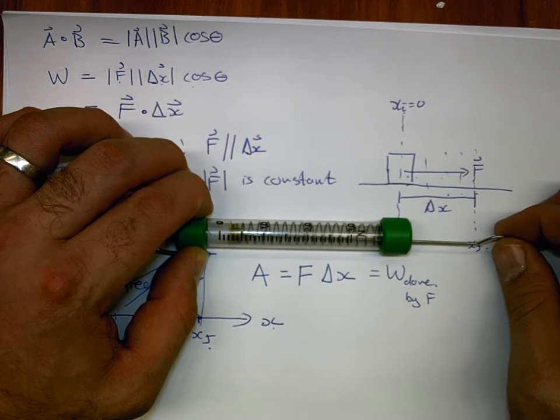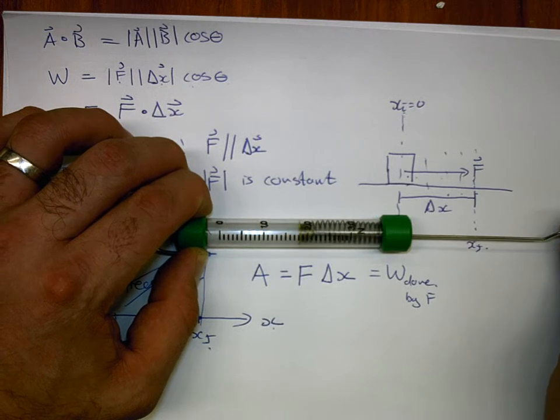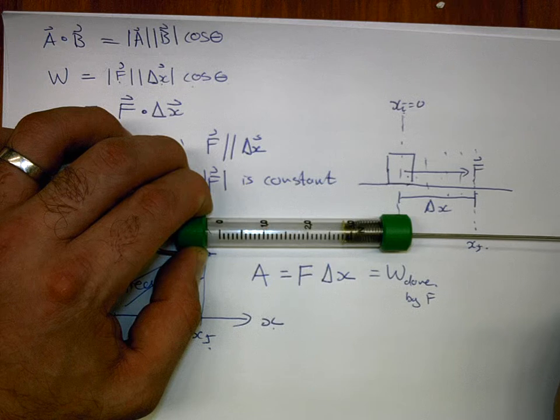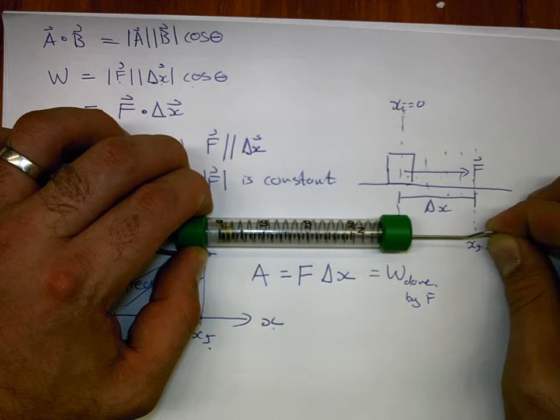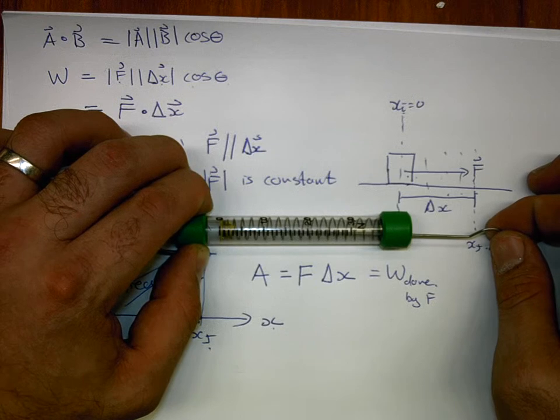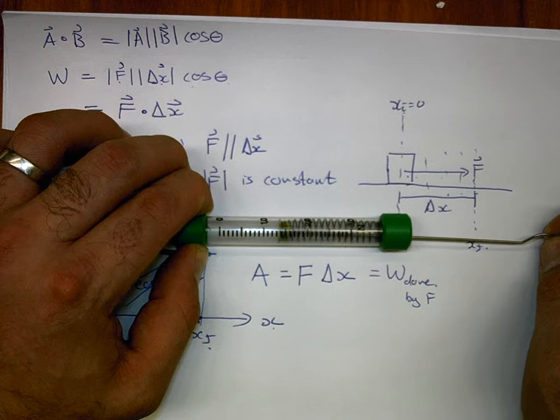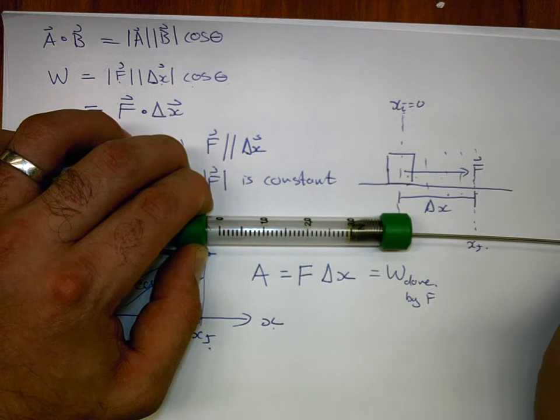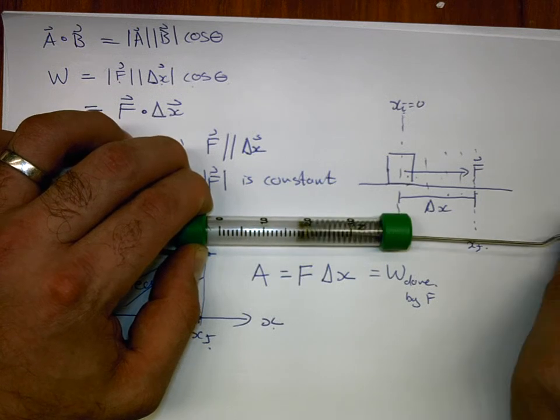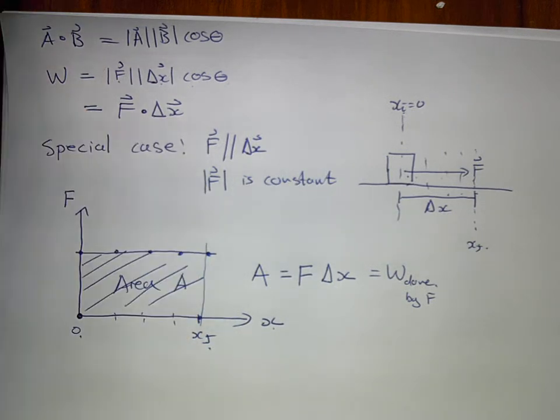So as I'm pulling on the end of the spring, the further I pull the spring out, the larger the force is that I must apply to pull it further. So clearly over here, I have to apply a negligibly small force to cause a small displacement. But the further this thing is displaced, the larger the force that I apply must be to keep the piston going. So a spring is a very nice example of a force that is not constant with change in position.